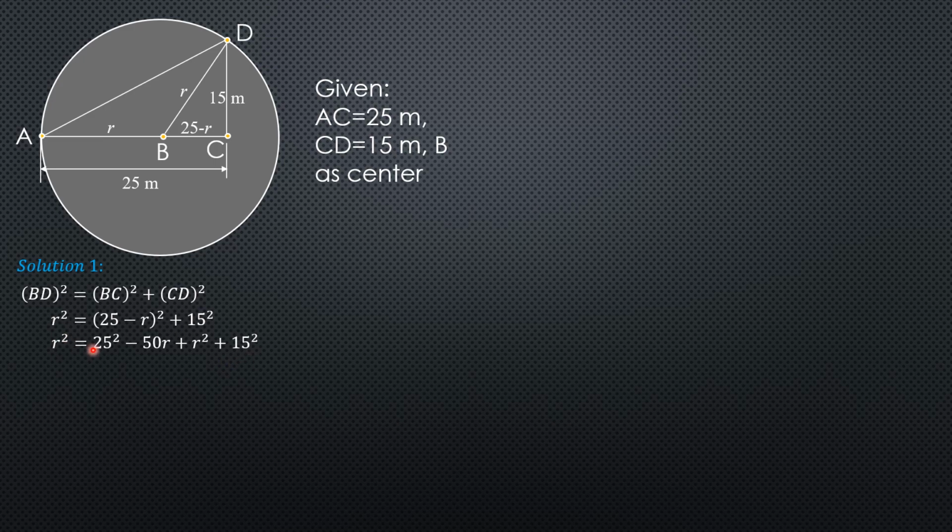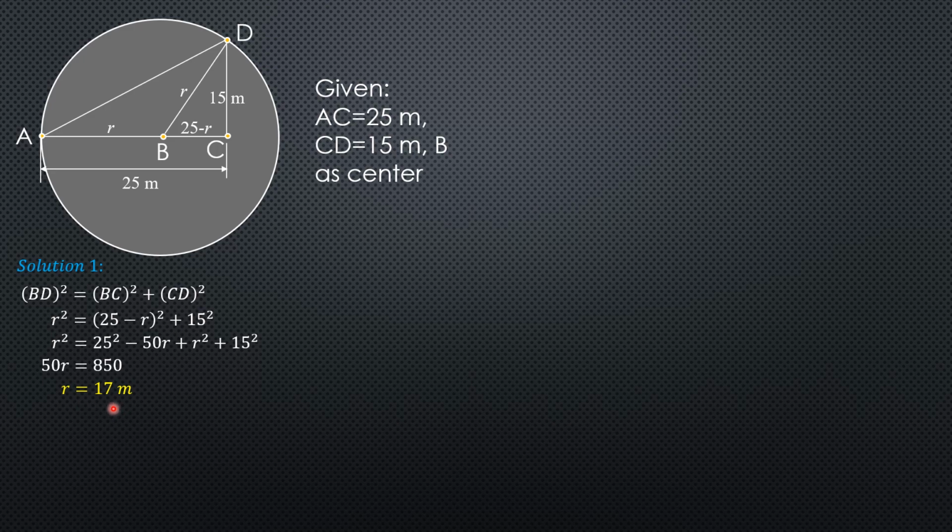So we can cancel R square, and by additive inverse, negative 50R will now be positive 50R to the left of the equation. 25 square is 625, 15 square is 225, so it should be 850. So 50R equals 850. 850 divided by 50 is 17. So the radius is 17 meters.